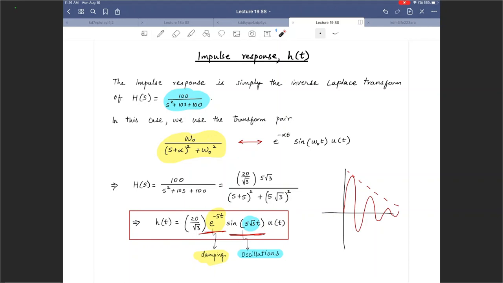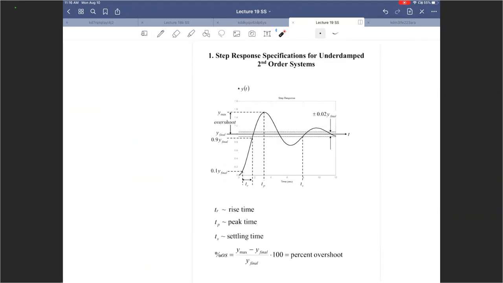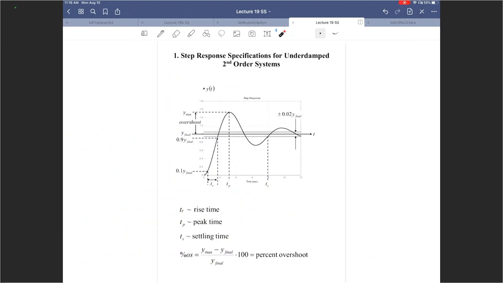Okay, now the next thing that we are going to talk about is certain parameters of a second order system for a step response. So this same second order system, if it was excited by a unit step, would have a step response.